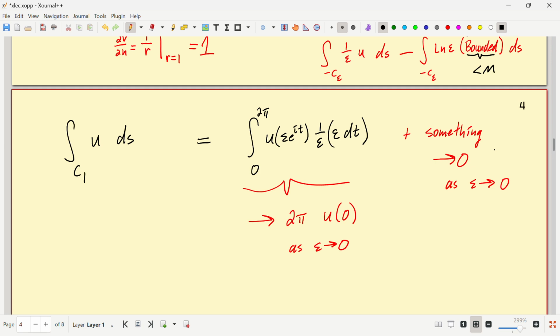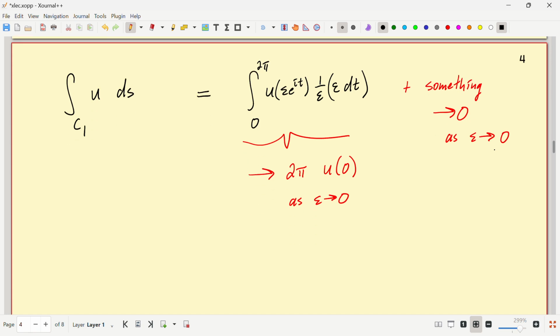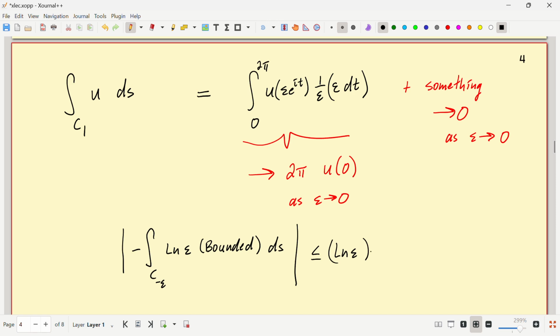Okay, so to show that that last something goes to 0, I have an integral of natural log of epsilon times something bounded times ds. That would be less than or equal to log of epsilon comes out, the bound comes out, times the length of the curve, the length of c sub epsilon, which is 2 pi epsilon.